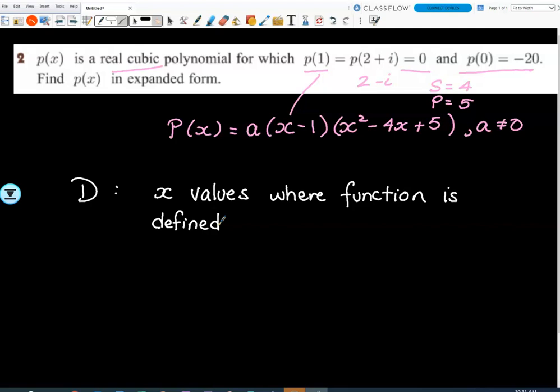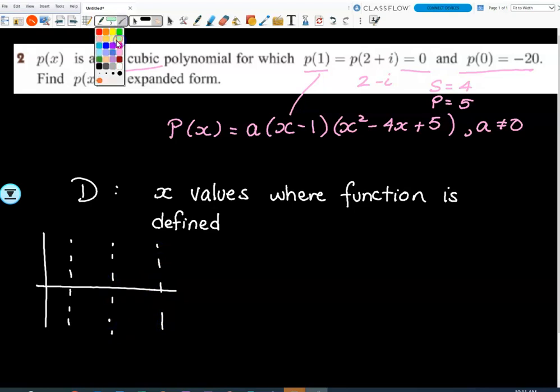Tangent functions? Yes, so with the tangent function we end up having these things called asymptotes, and it will look like this. Why do these asymptotes appear in the tangent function?